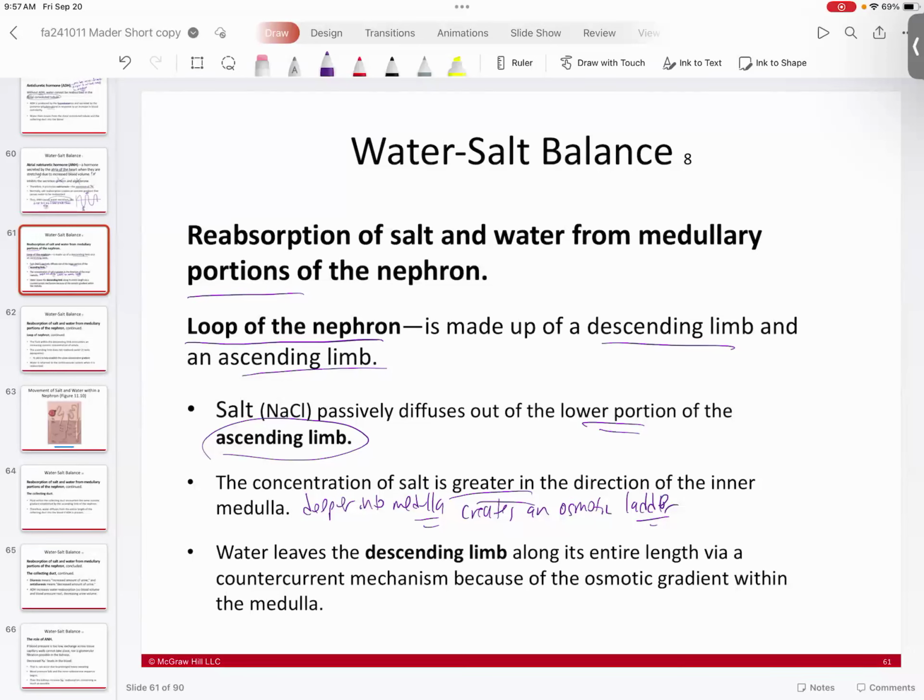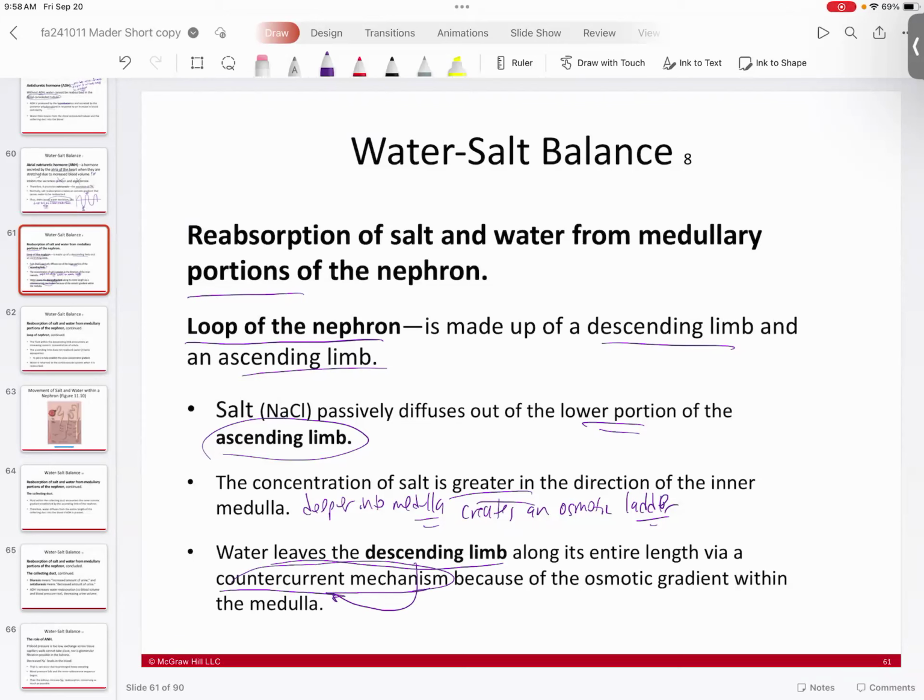The descending limb, as it plunges into this osmotic ladder, is experiencing this osmotic pull, the salt sucking. And so water will leave the descending limb all along its length, and it'll move into the capillary structure called the vasa recta. But it does this as it descends by what's called a countercurrent mechanism. So they're going north and south, basically.